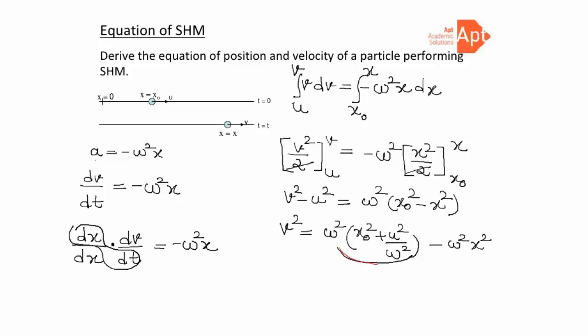This is a constant term. Let's call this term a square. We will discuss what this a is. It becomes v square is equal to omega square into a square minus x square. The value of a square is x naught square plus u square upon omega square.